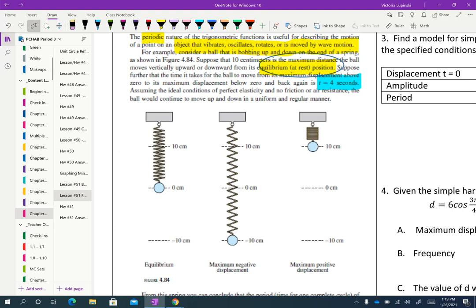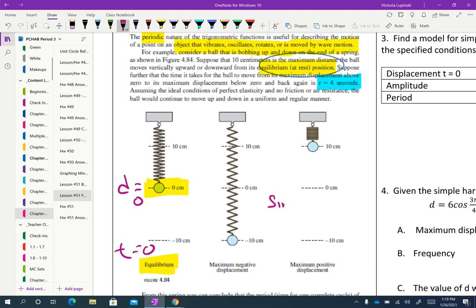First and foremost, the fact that you are starting at 0 centimeters for displacement at the point of equilibrium, that tells you something important. That is telling you that the displacement is equal to 0, and that the time is equal to 0.